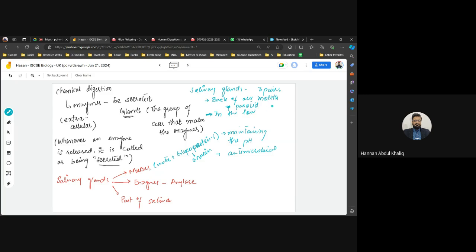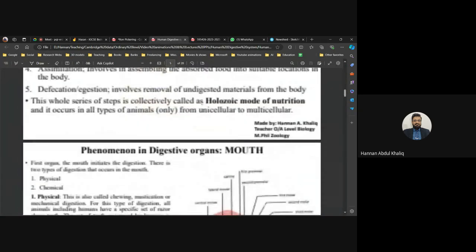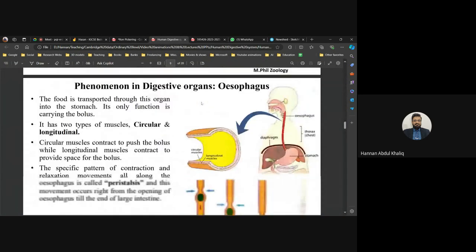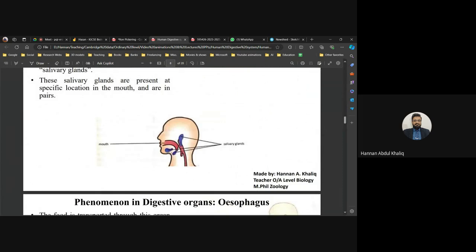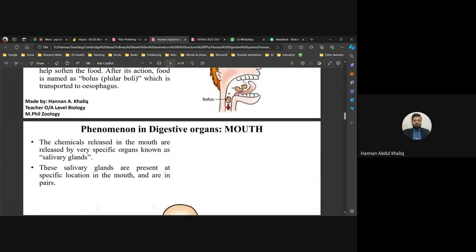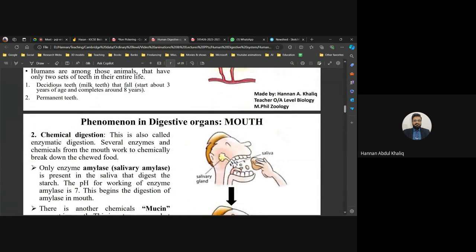In the lower jaw, these are called submaxillary glands. We don't need to know the names, just remember.